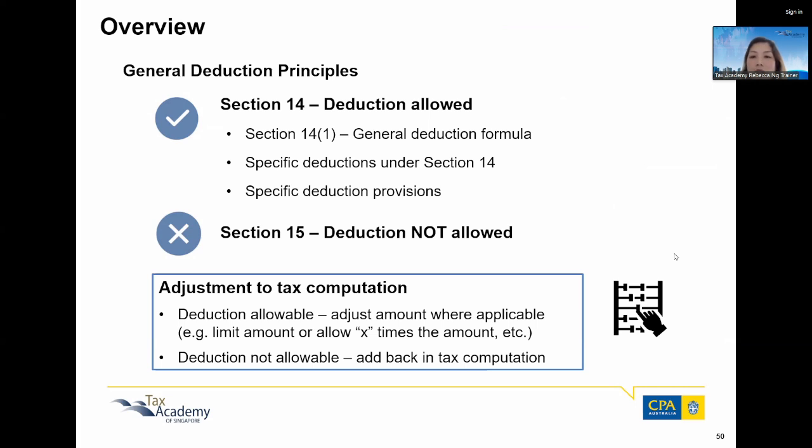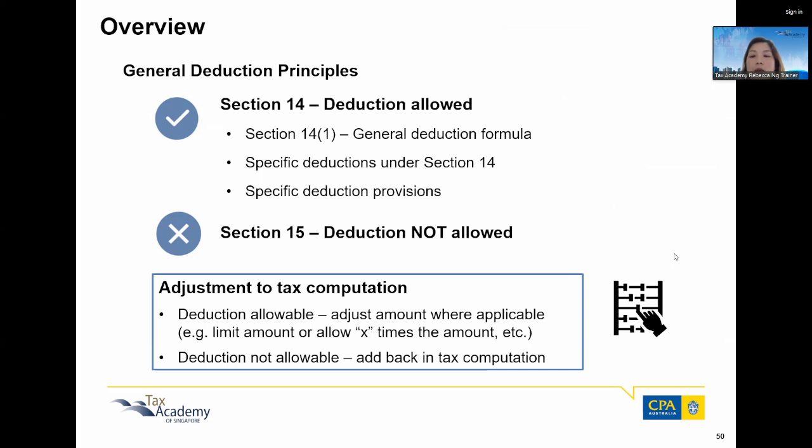Okay, so Section 14(1) of the Income Tax Act provides a general deduction formula. There are also specific deductions under Section 14, which provide the amount of deduction allowable. For example, for medical expenses, they dictate how much of the medical expenses is deductible. There are also specific deduction provisions under Section 14A to 14ZF.